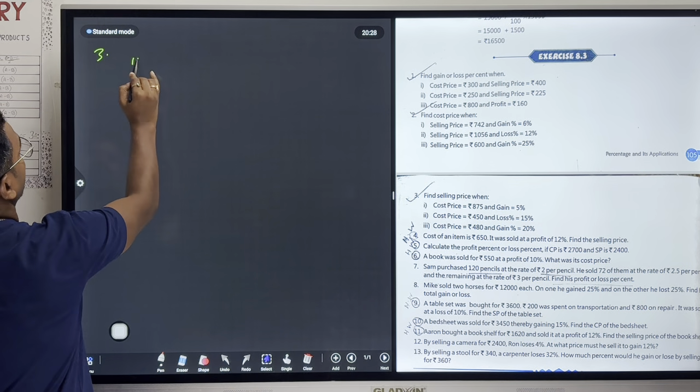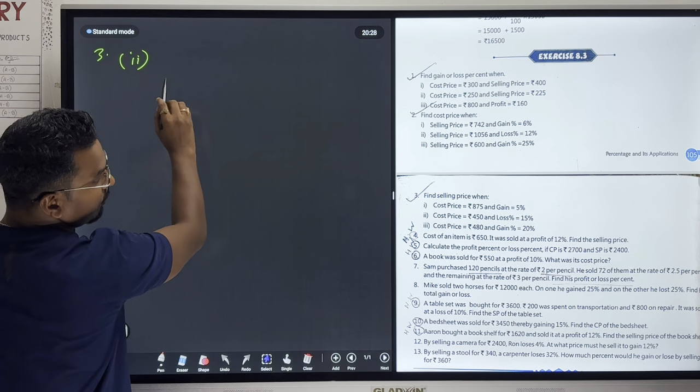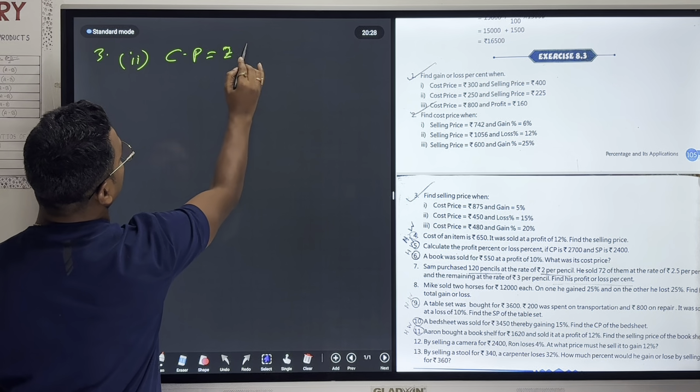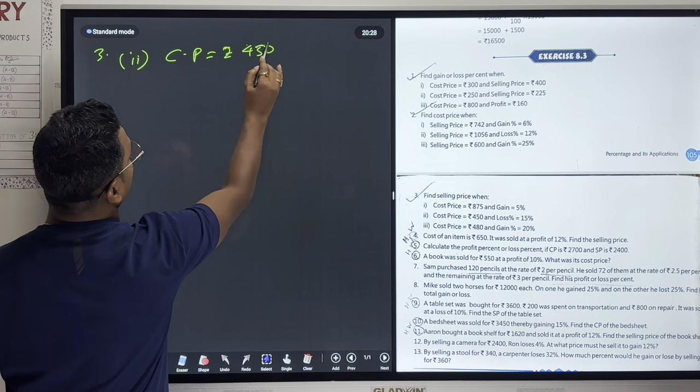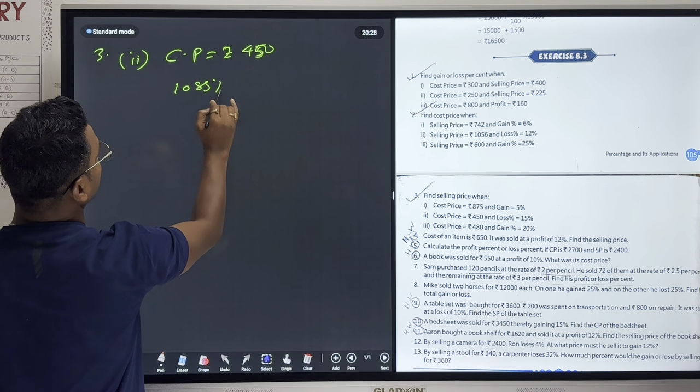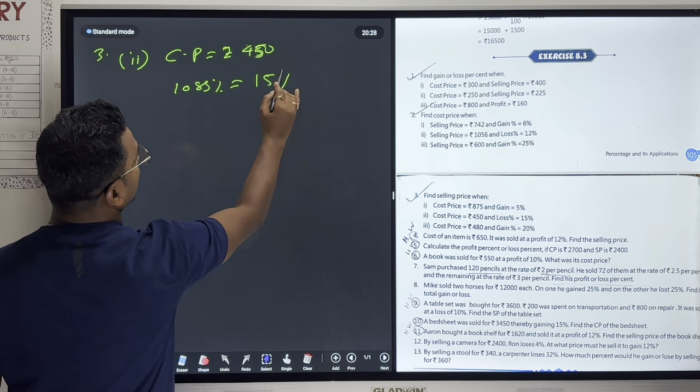Next, let me try question number 2. Cost price is given, rupees 450, and the loss percent is given, 15%.